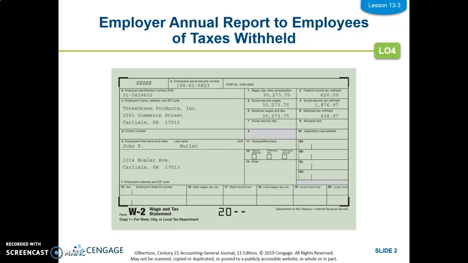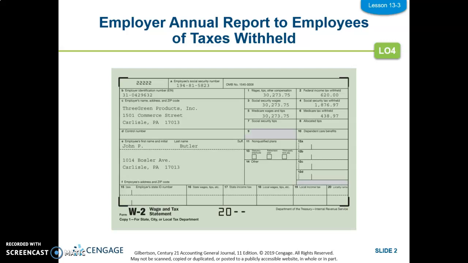The other thing I would know about it is that there are 4 copies when the employer prepares this. The first copy goes to the Social Security Administration office so that they have it. The second copy, copy B, goes to the employee, and the employee would attach it to their federal tax return.